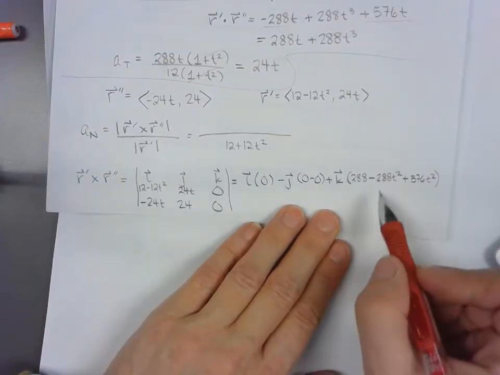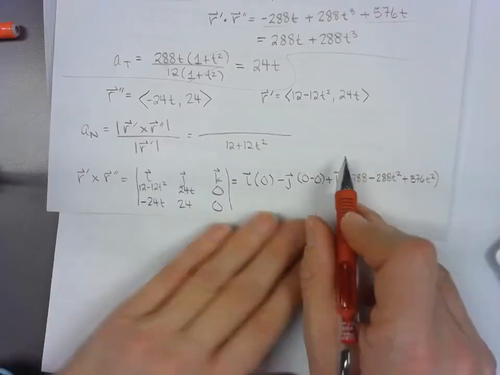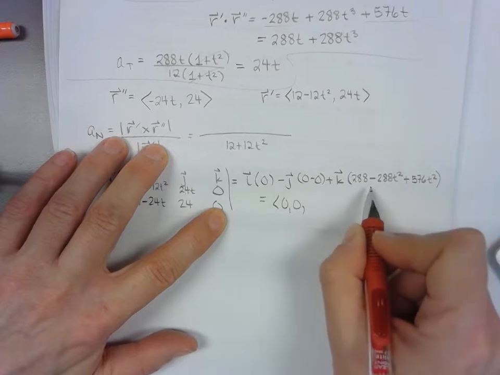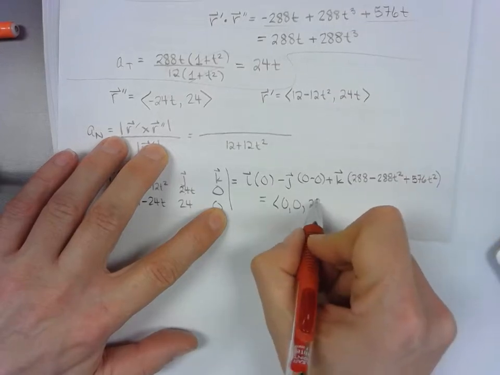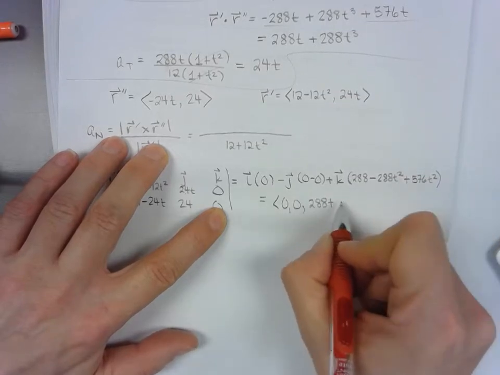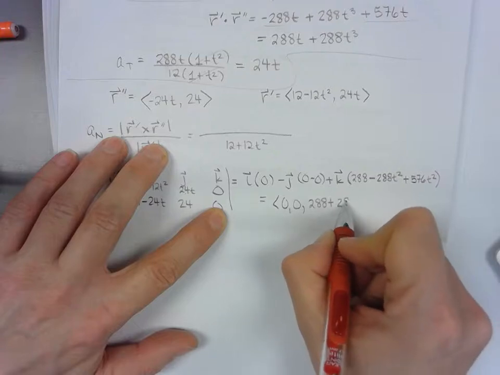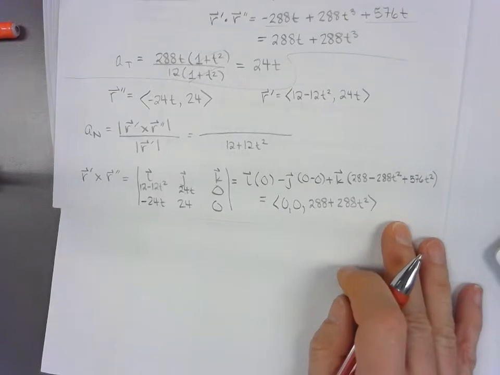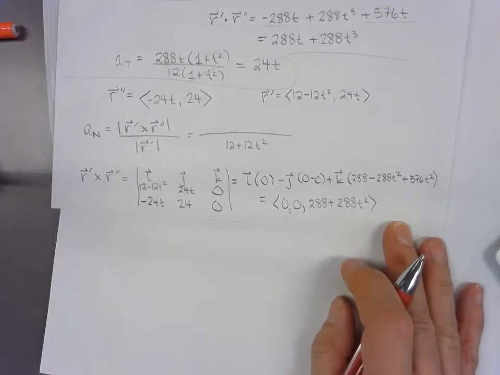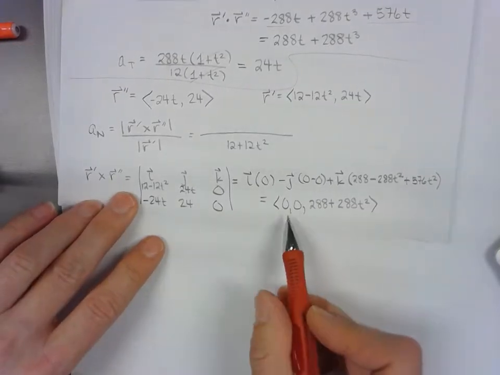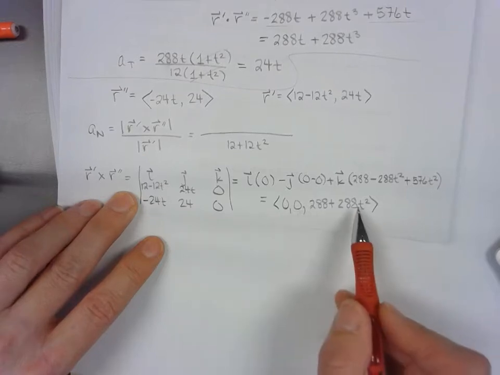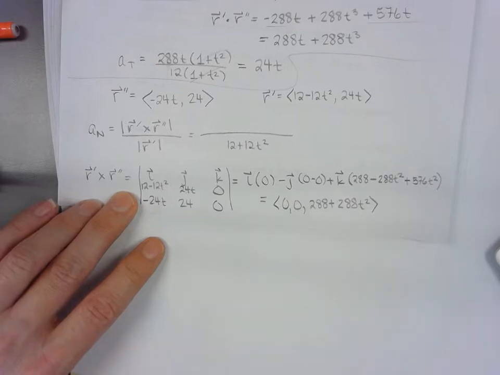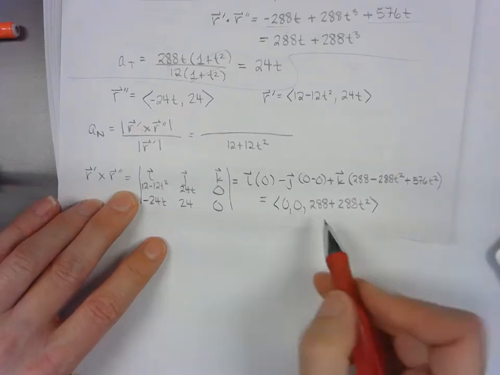So those last two terms you can combine, and we get 0, 0, 288 plus 288 t squared. And so the magnitude of that would be the square root of 0 squared plus 0 squared plus this squared, right? So the square root and the square cancel each other out, and you just get that.